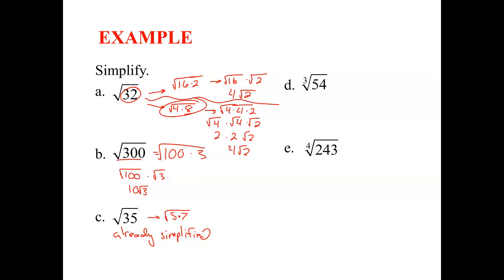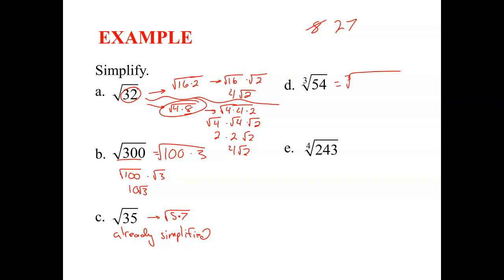All right. When we get to third power, that's when knowing some of those common cubes is helpful. 8, 27, 64, 125. So you can look at that number and ask yourself, are any of those factors of 54? Is 8 a factor of 54? No. Is 27 a factor of 54? Yeah.